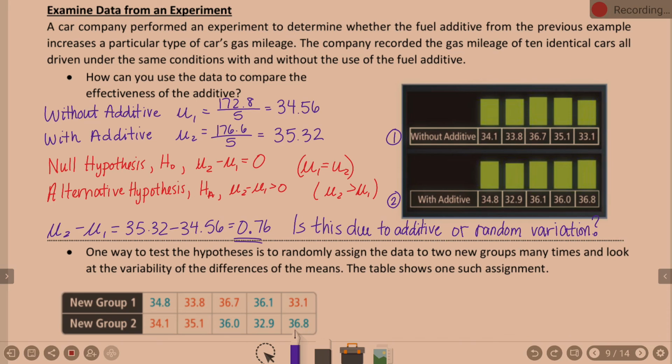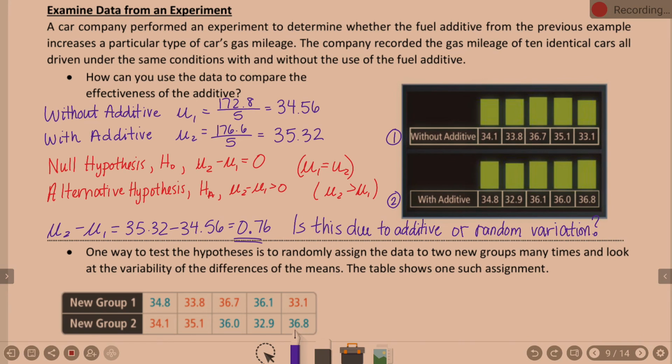Think about what we've been doing the past week. One sample isn't enough, right? It's hard to just look at one group. It's better to look at multiple groups.